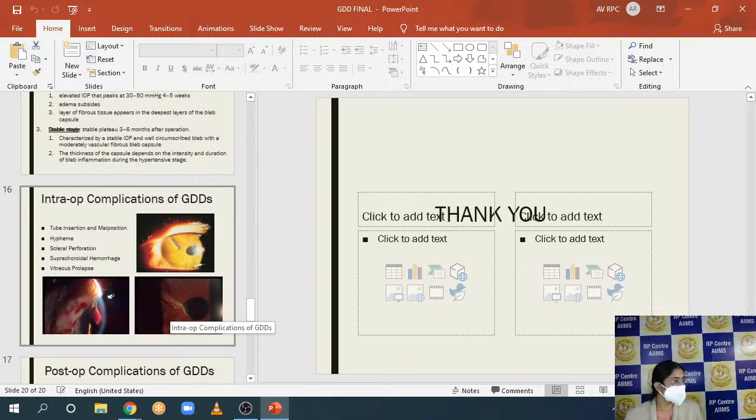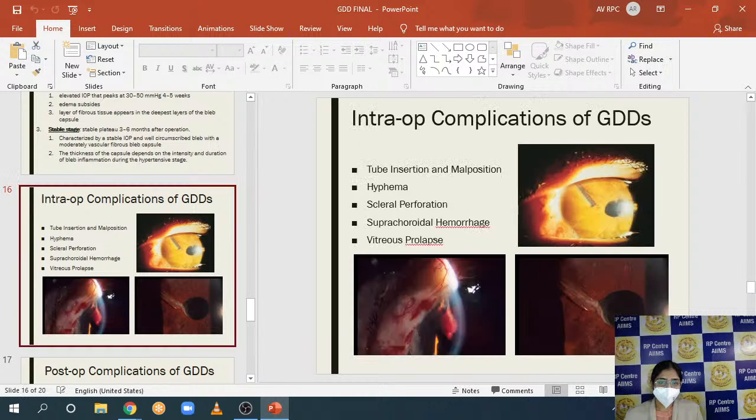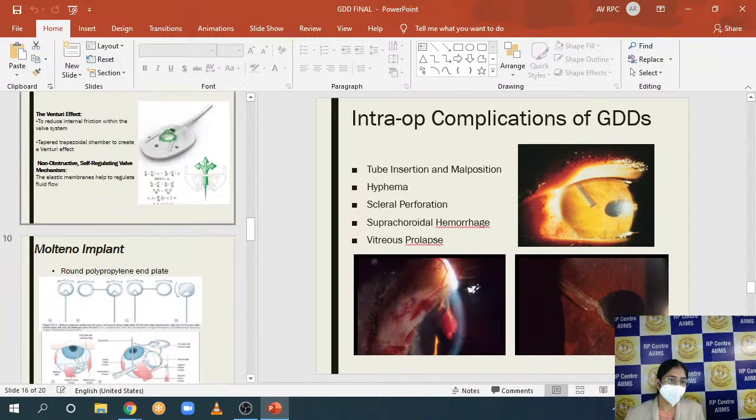What you have to remember from this class is the principle, the classification, which Priyanka has very well explained, and the indications and contraindications for these implants. The rest of the surgical procedures, when you come to the glaucoma unit, we routinely do in our OT, and it can be seen in the OT setup.